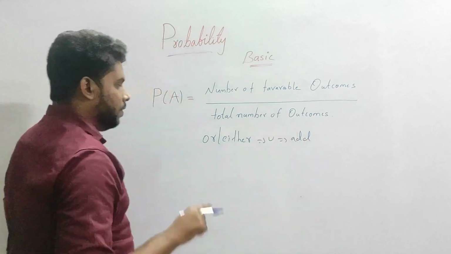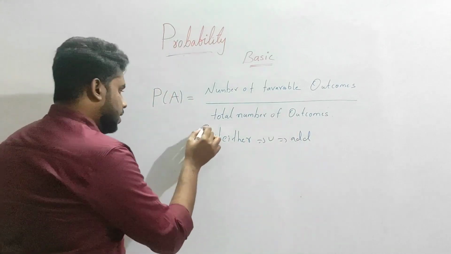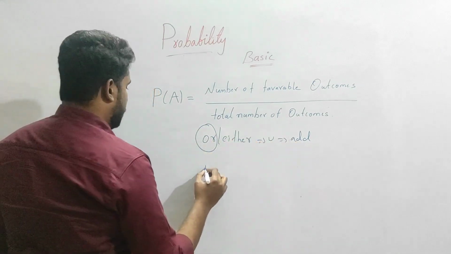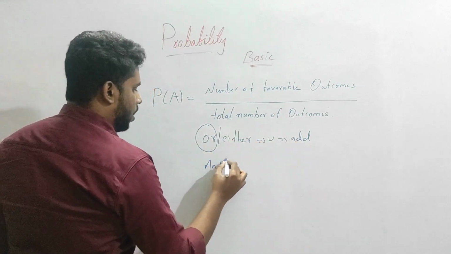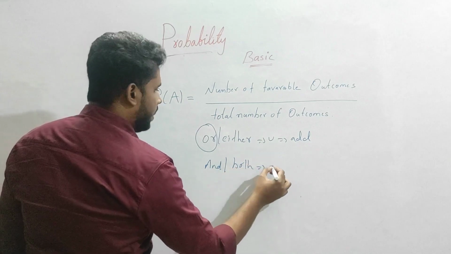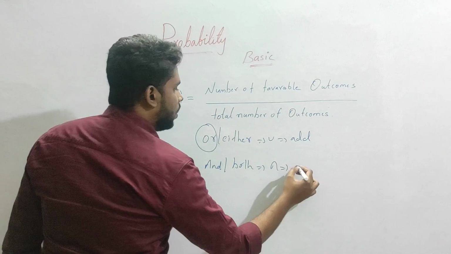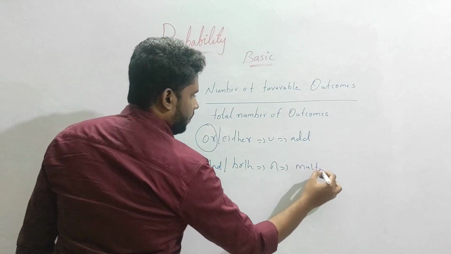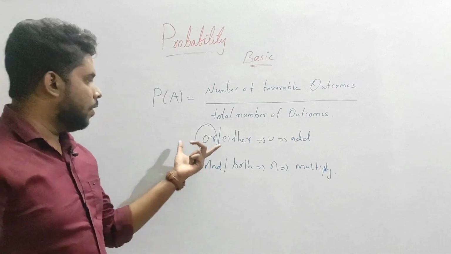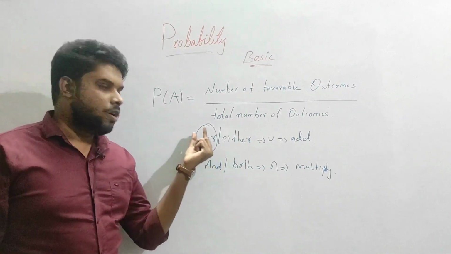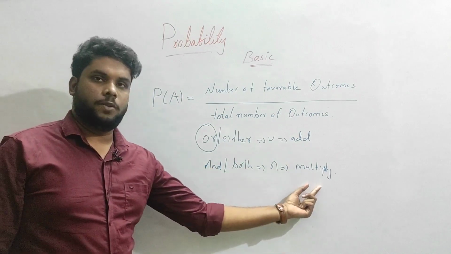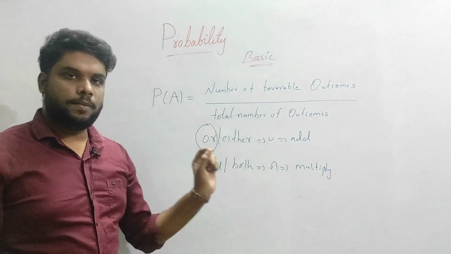Remember, when 'or' is mentioned in the question, we add. If the question gives 'and', meaning both, then it is the concept of intersection and we multiply. These are two more basics of probability: or means we add, and means we multiply. This is about the basic concepts of probability.